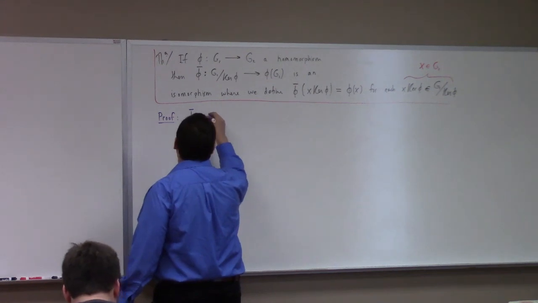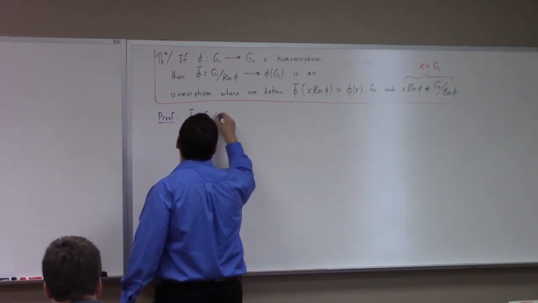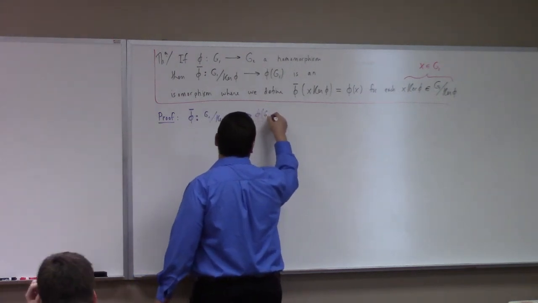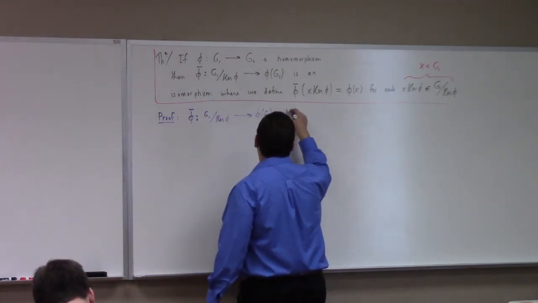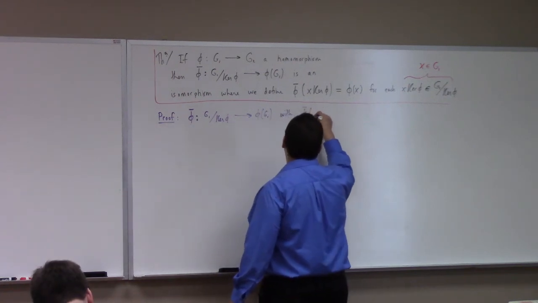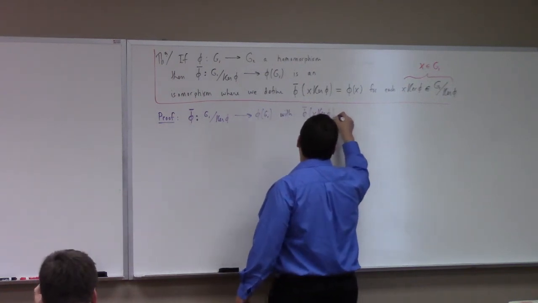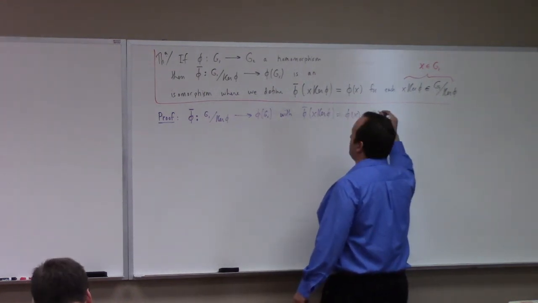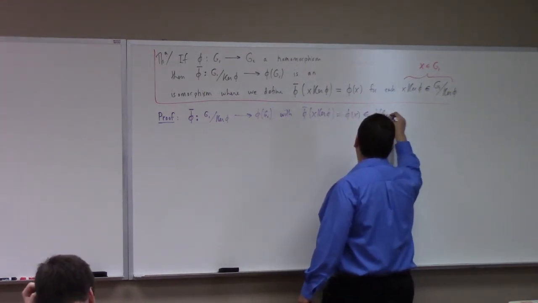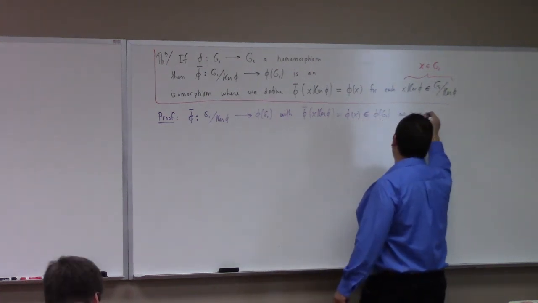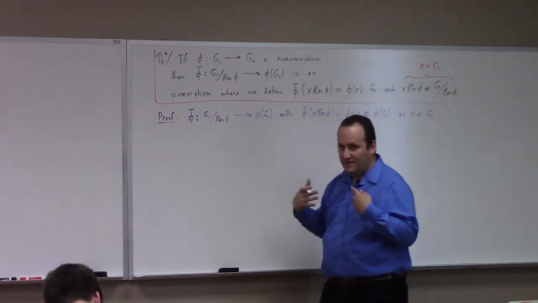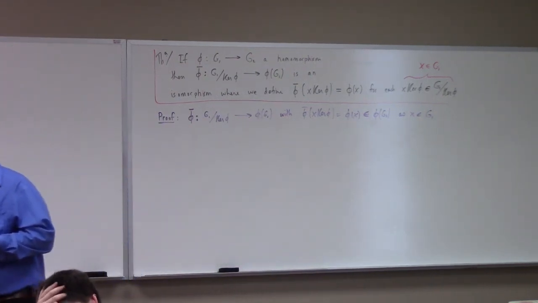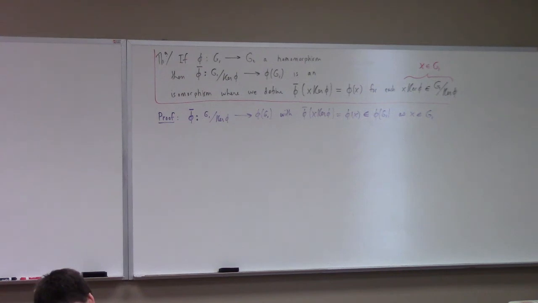Phi bar from G1 mod the kernel of phi to phi of G1, with phi bar of x kernel phi equal to phi of x. Well, this is clearly an element of phi of G1, as x is an element of G1. So the mapping's into. Essentially by construction, the codomain makes sense.